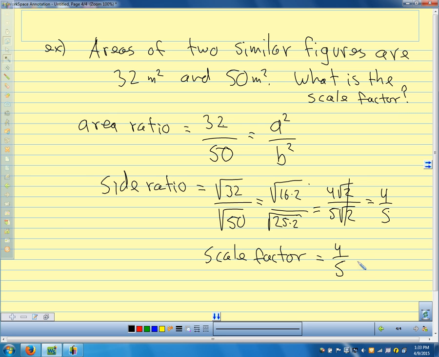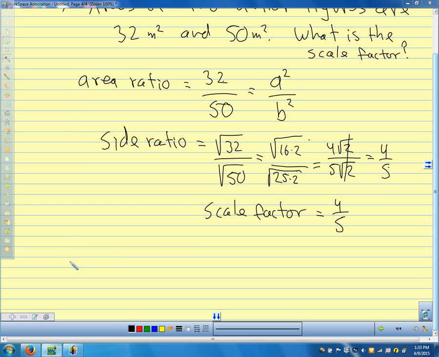So to go from the area ratio to the side ratio, we take the square root. That's the big picture idea here. So from area ratio to side ratio, take the square root.